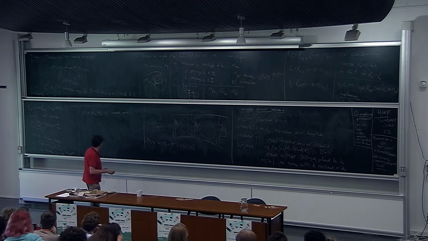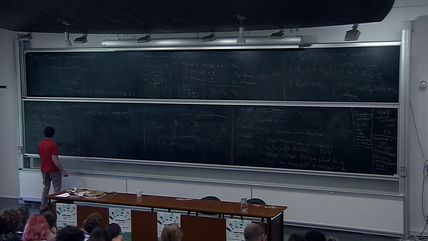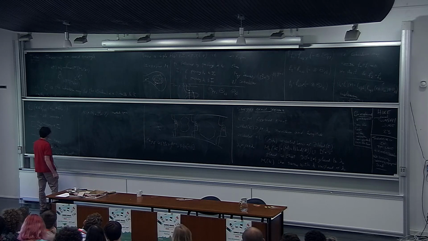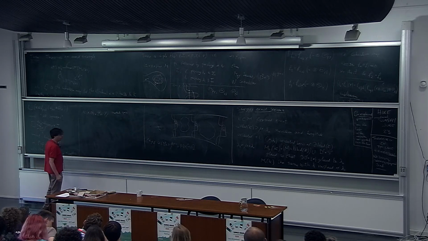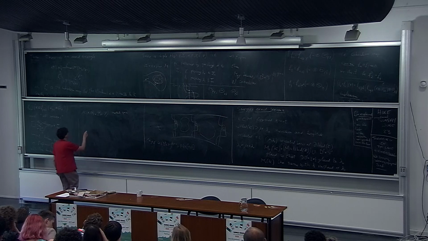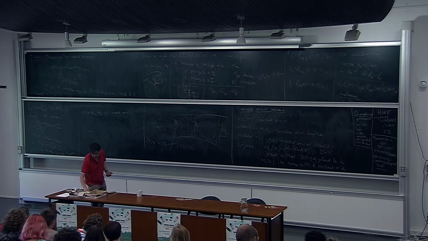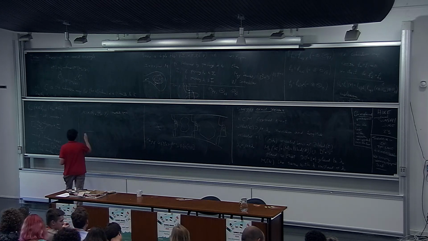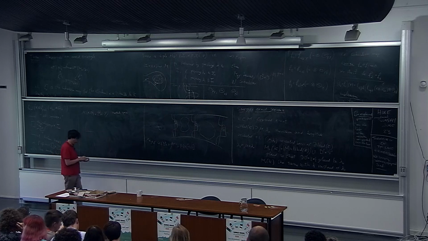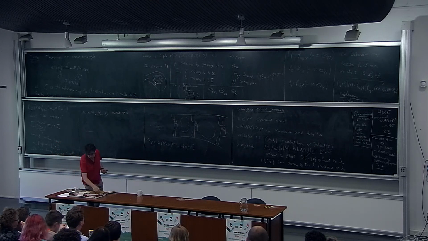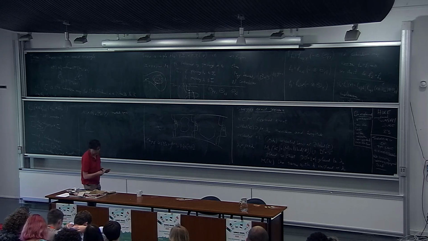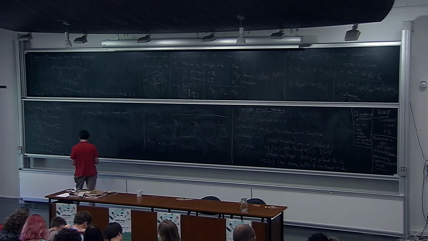So I will color the edges of the square depending on the labeling of the boundary components. So where I put the alpha, I draw it red. Where I put the beta, I draw it blue, then green, and then yellowish.